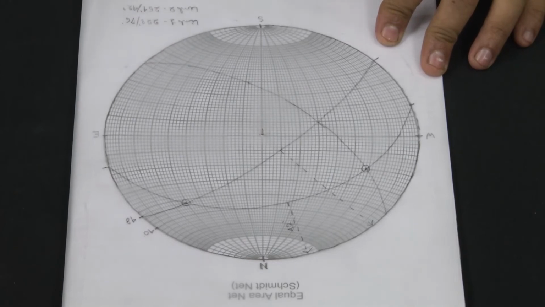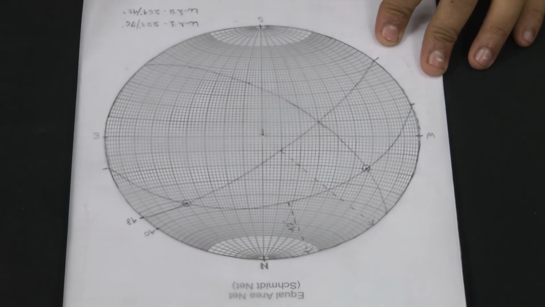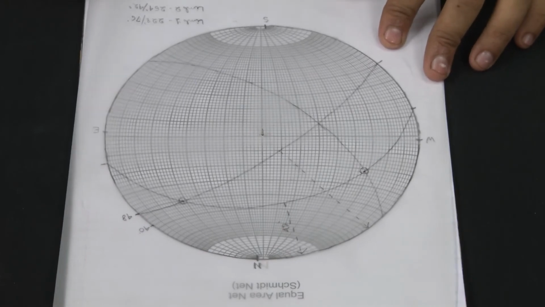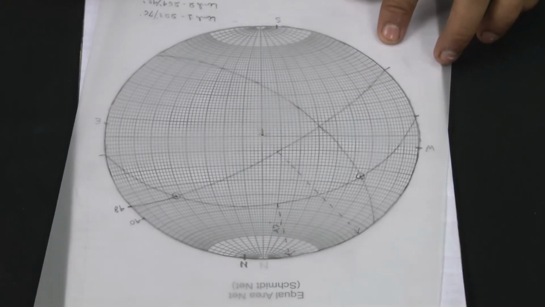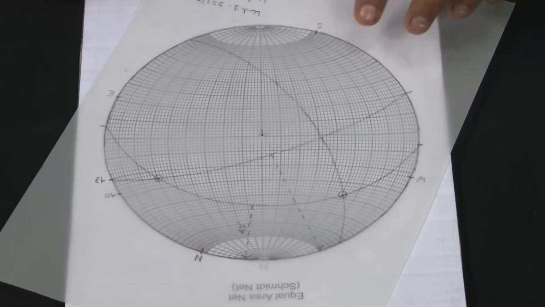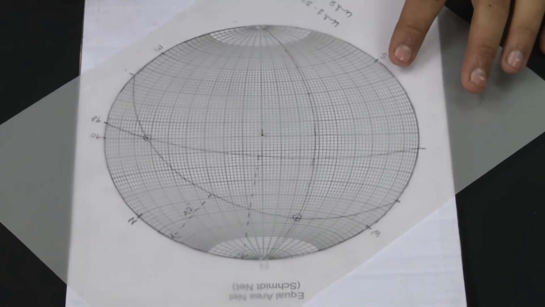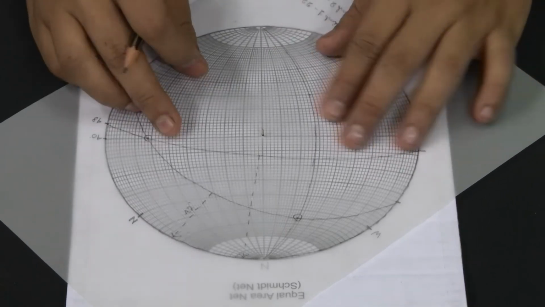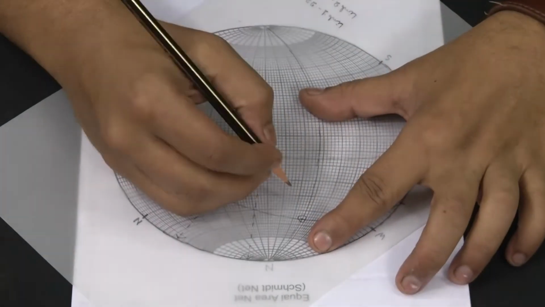Now, in order to construct the axial plane, we have to bisect the interlimb angle. In order to bisect the interlimb angle, we bring the profile plane to the north south and we calculate the interlimb angle.